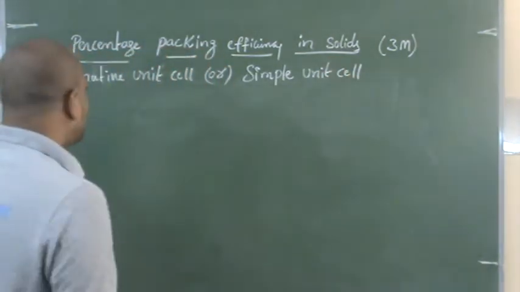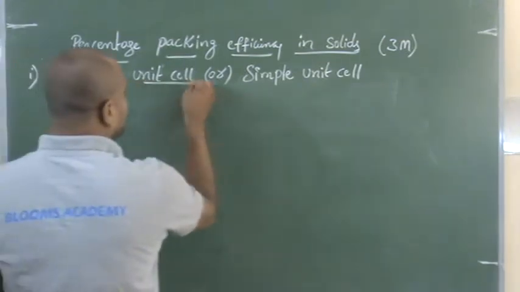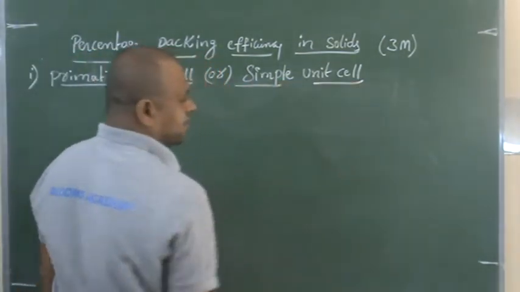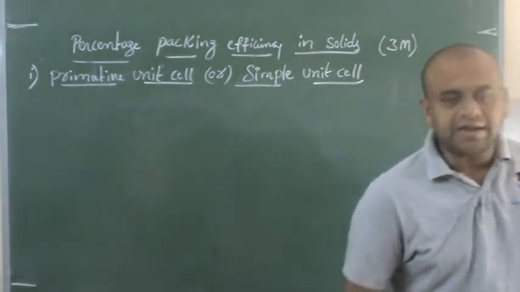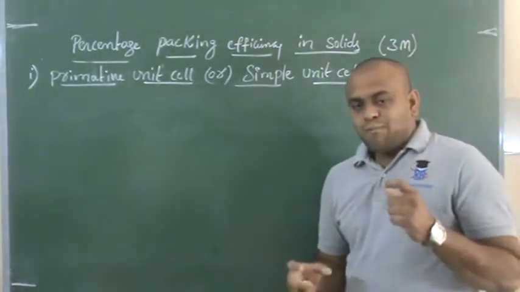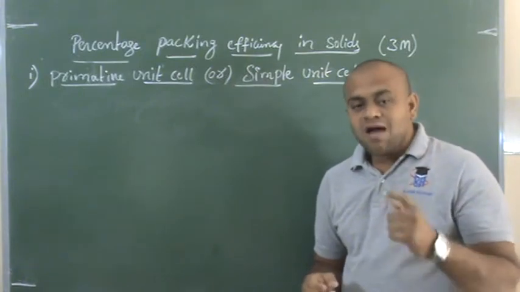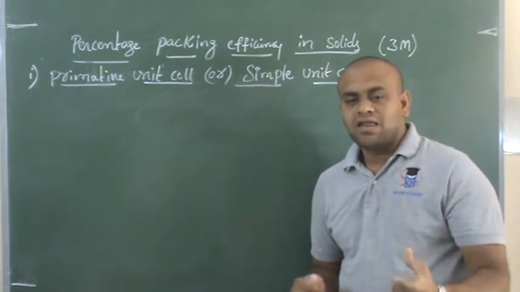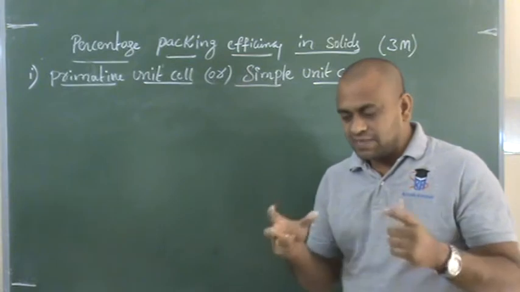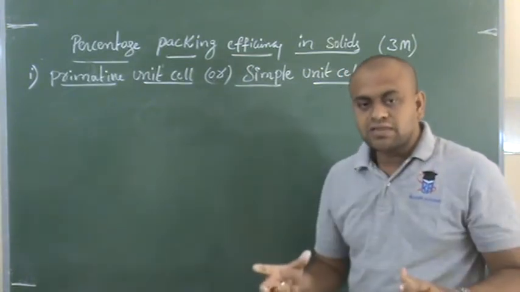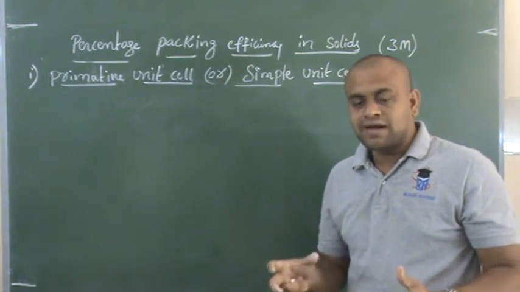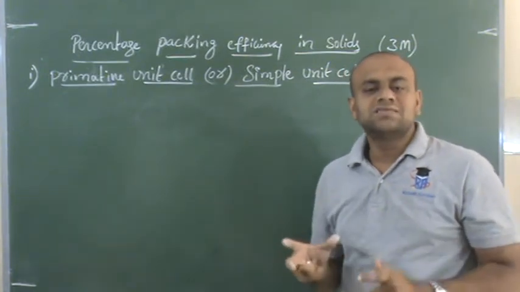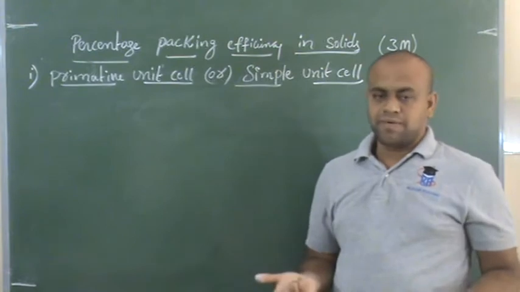Now we are going to calculate the packing efficiency of the primitive unit cell or simple unit cell. That means in a simple unit cell, how much percentage of the unit cell is occupied by the particles and how much space is left unoccupied.